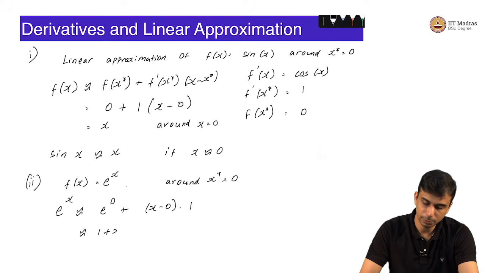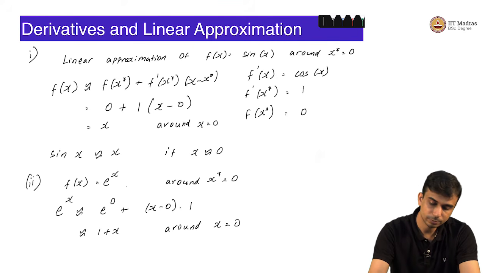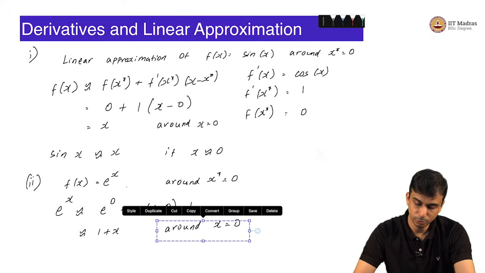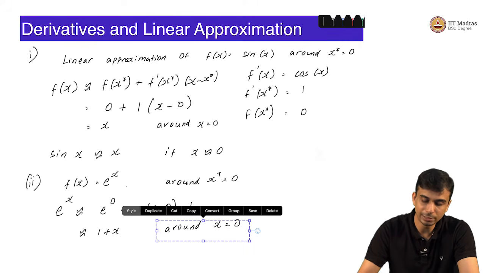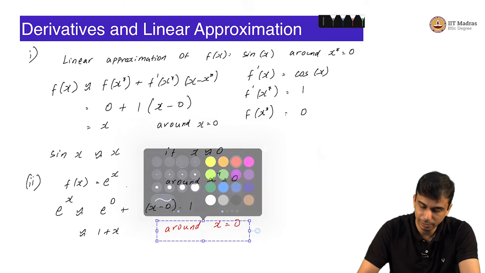So, e power x is approximately equal to 1 plus x around x equal to 0. I am going to highlight the fact that e power x is approximately equal to 1 plus x is true only around x equal to 0.